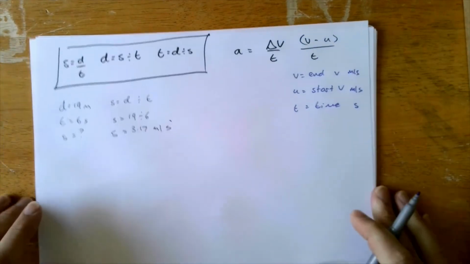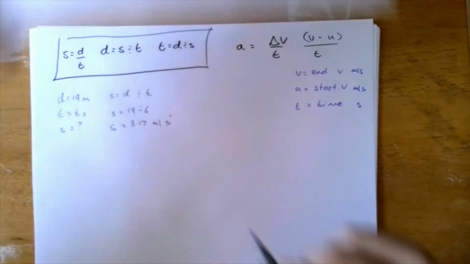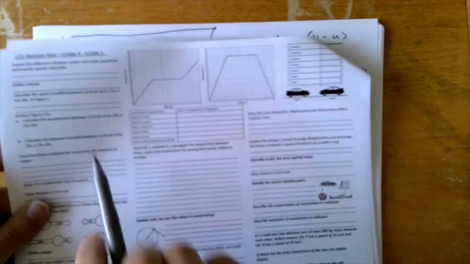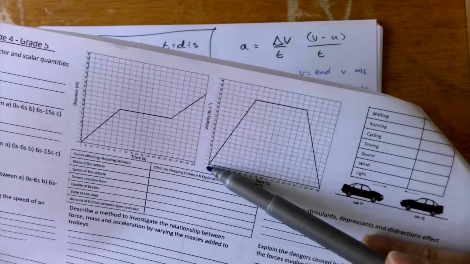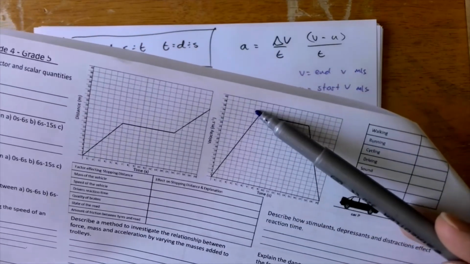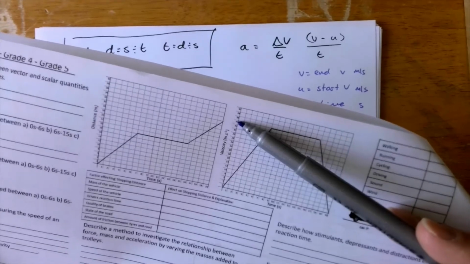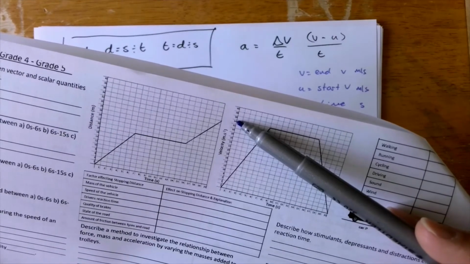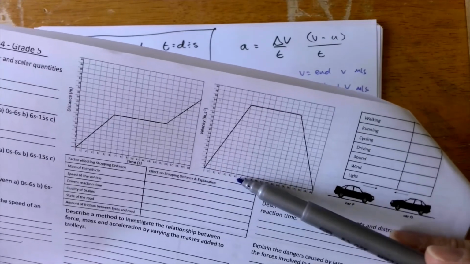So it's asking me to use this calculation to find the acceleration in this figure. So between 0 and 6 seconds in figure 2. 0 seconds is here, 6 seconds is there. The exact same thing that I did last time. I'm going to go up and I'm going to see what my final velocity is. I'm going to move over to the y-axis and I'm going to see that it's 36 meters per second. My start velocity is obviously 0. The time taken will be 6 seconds.